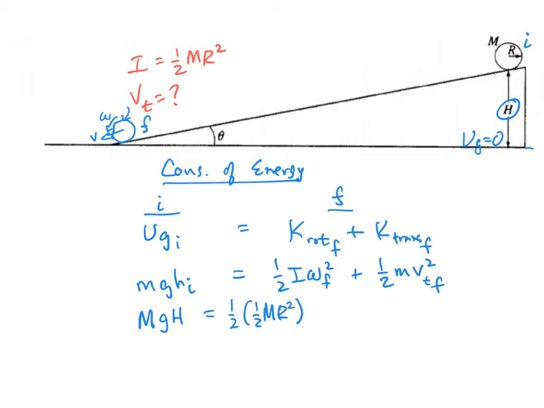That's my I. All I did was substitute in this for I, and then omega final is equal to the translational speed of a point on the rim of the wheel divided by r. So we know that r omega equals vT. I just solved that for omega. Okay, and then we're going to substitute that in. So this is now going to be down here.